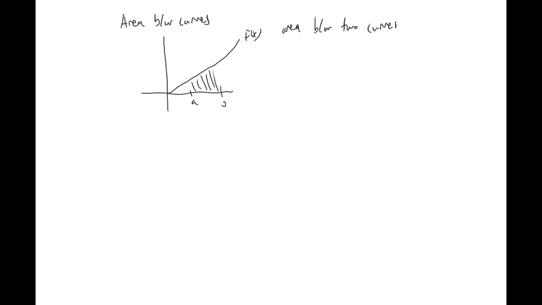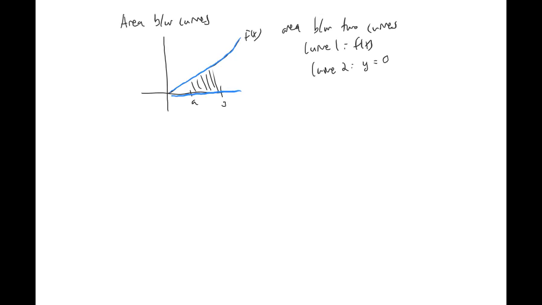What are the two curves? Curve 1 is f. Curve 2 is the x-axis, y equals 0. Does everyone agree? It's the area from A to B between these two curves. Everyone see that?